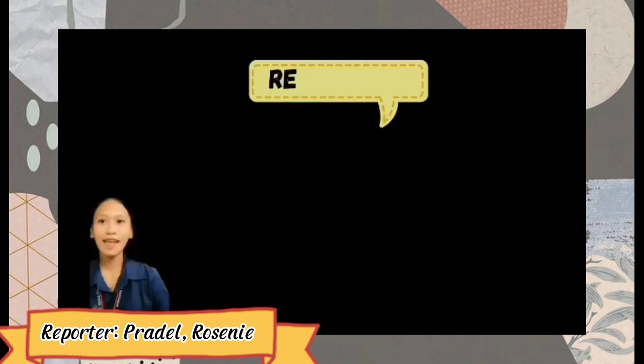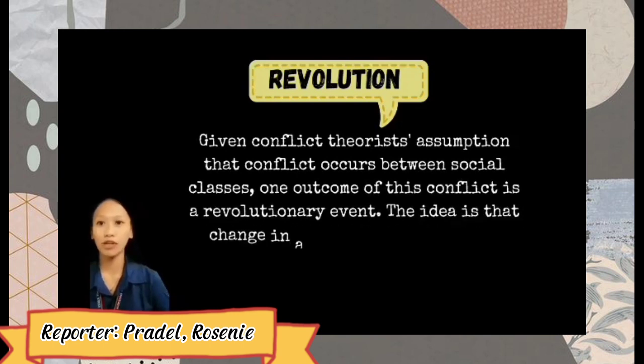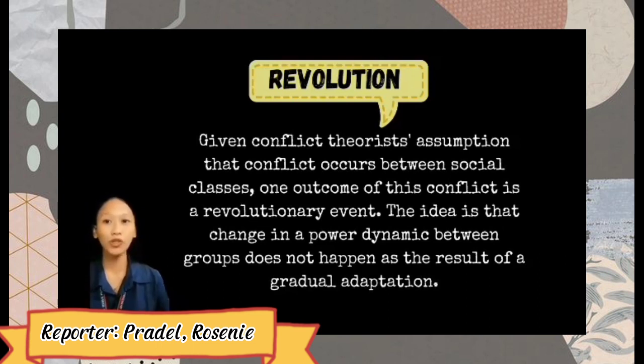Next is revolution. Given conflict theory's assumption that conflict occurs between social classes, one outcome of this conflict is a revolutionary event. The idea is that change in a power dynamic between groups does not happen as the result of a gradual adaptation.